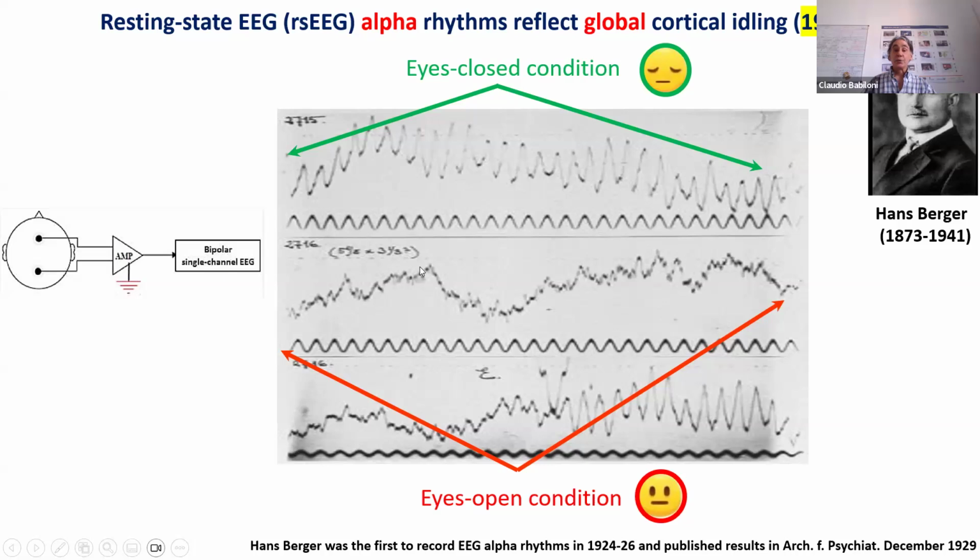Hans Berger also termed beta rhythms the small voltage EEG activity from 20 to over 30 Hz appearing during the eyes open condition.